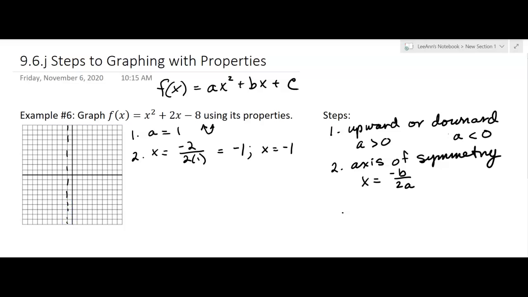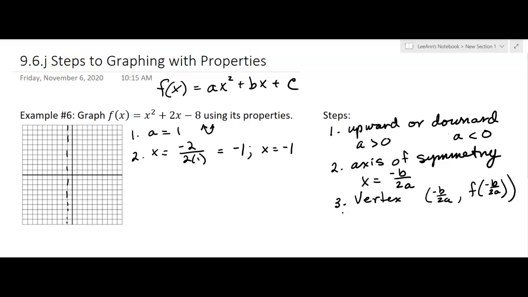Okay, part 3, step 3. Now we're going to find the vertex. We're halfway there. We found the opposite of b over 2a, so our vertex has to lie on the axis of symmetry. So we already know what x is, and then we're going to plug that into the function to get the y value.